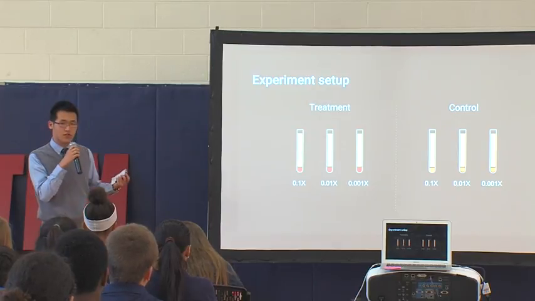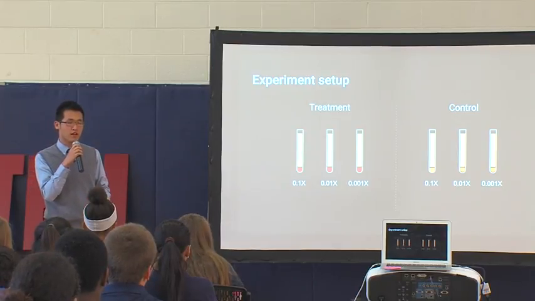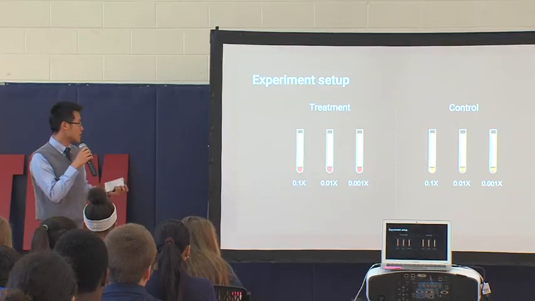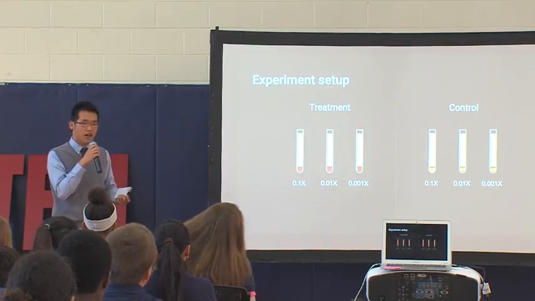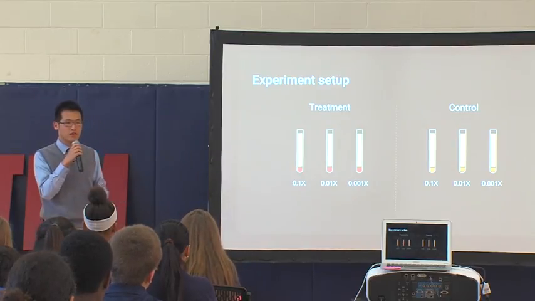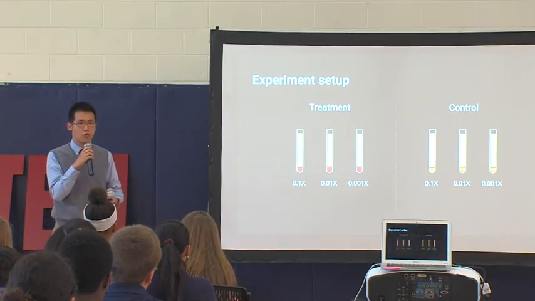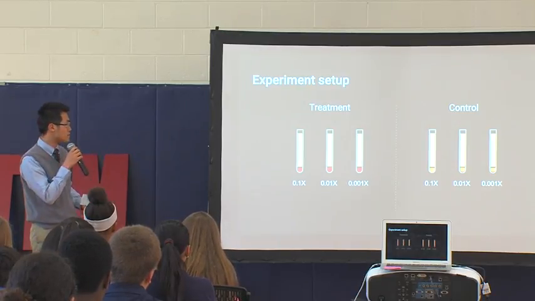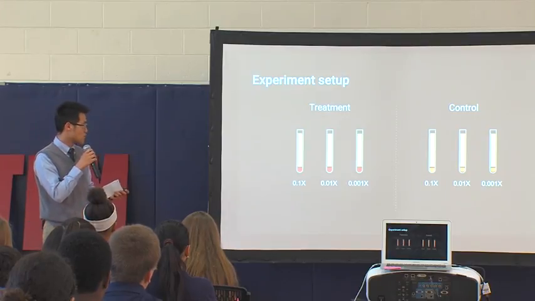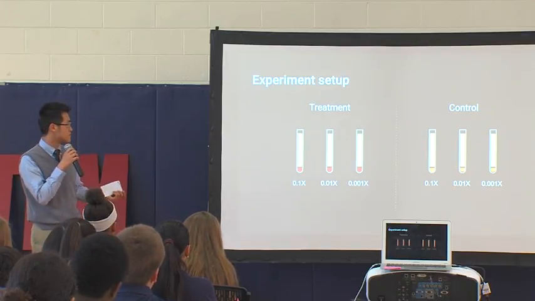The control group receives no treatment, so it does not have any effect on the growth of the yeast. By having this setup, I can investigate the effect of fungicides on the growth of yeast alone while holding other conditions the same. And this is what I found in my experiment.